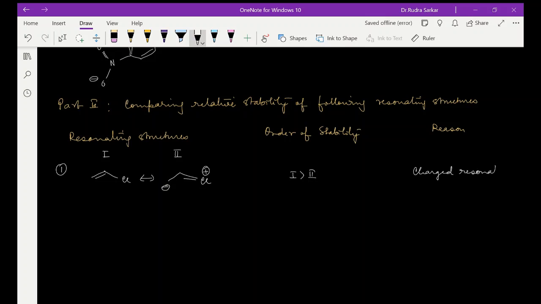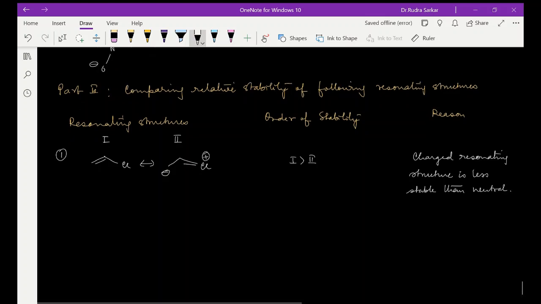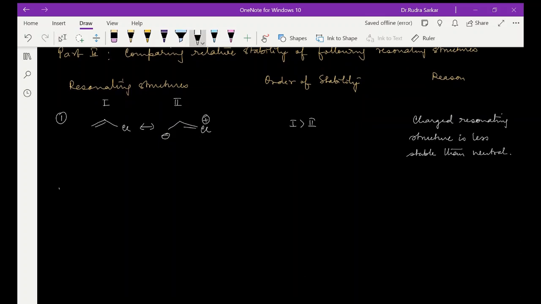charged resonating structure is less stable than neutral. Okay.